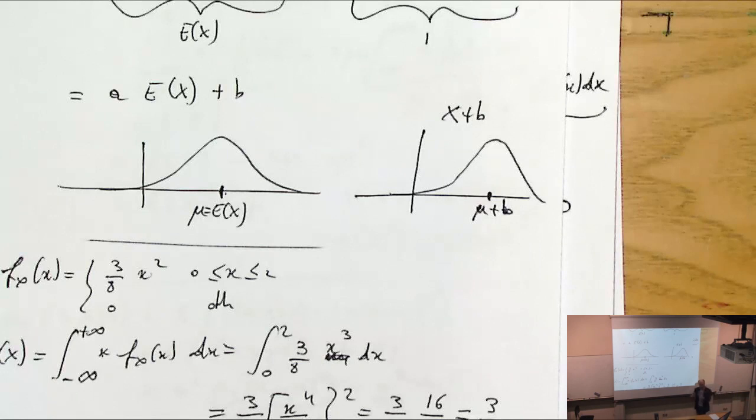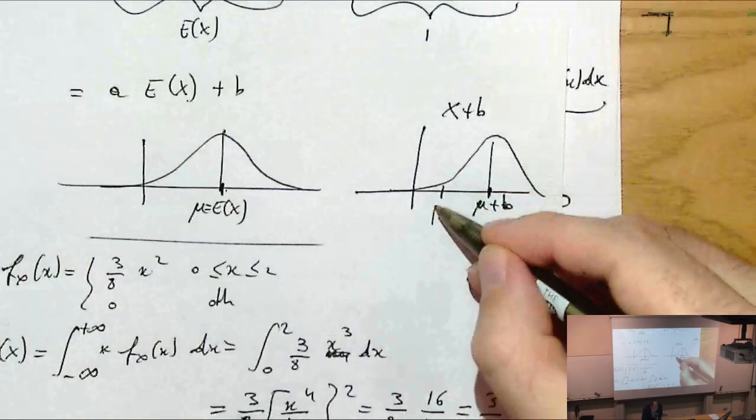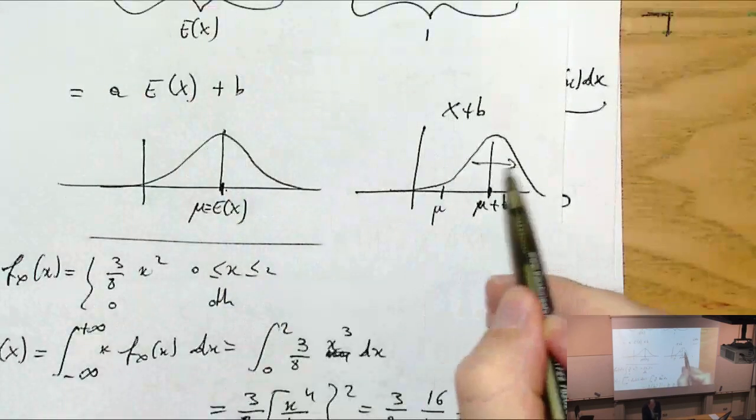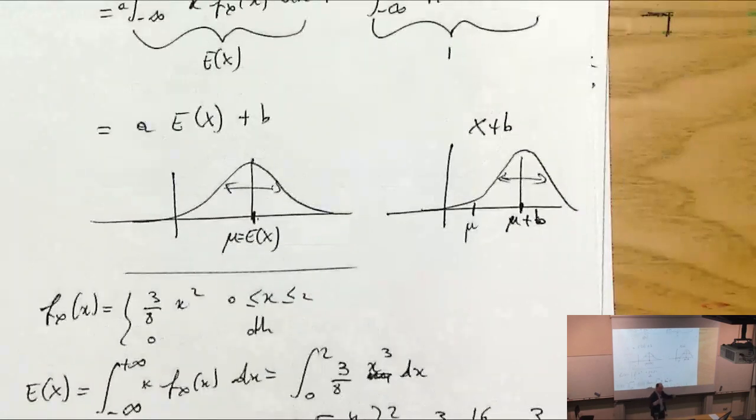The mean has been shifted by b, but the spread around its mean has not changed, right? The mean mu was here, I shifted by b, but that spread here has not changed. The measure of the deviation around its mean has not changed because I shift this random variable x just by b.